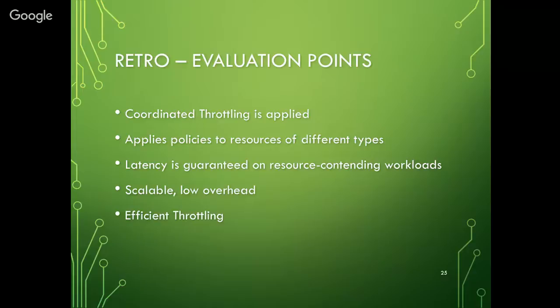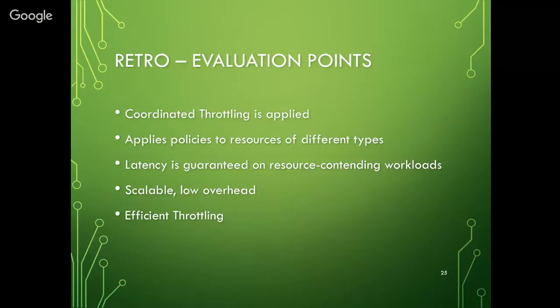Evaluation plans, right? Coordinated throttling is applied, as we discussed earlier. Let's talk a little about coordinated throttling again. This is applied in order to achieve bottleneck and dominant resource fairness, as we were discussing specifically in the BFAIR and the RDRF policies.